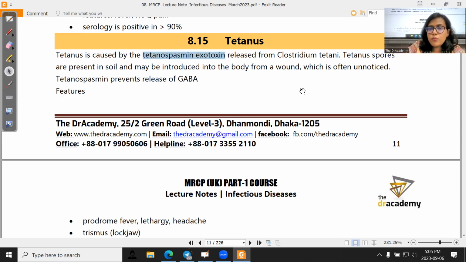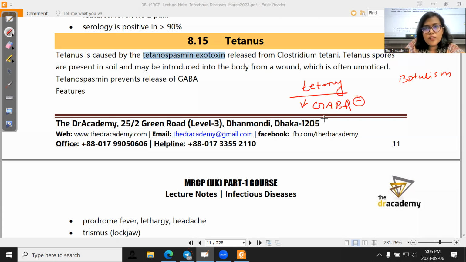Here in tetanus and botulism, if you go side by side, I will discuss botulism in a bit. I just want you to focus on these two things, tetanus and botulism. What tetanus does is it prevents the release of GABA. GABA is an inhibitory neurotransmitter.